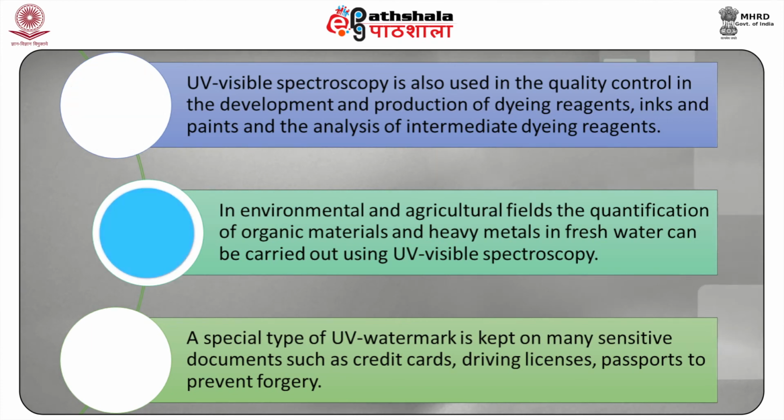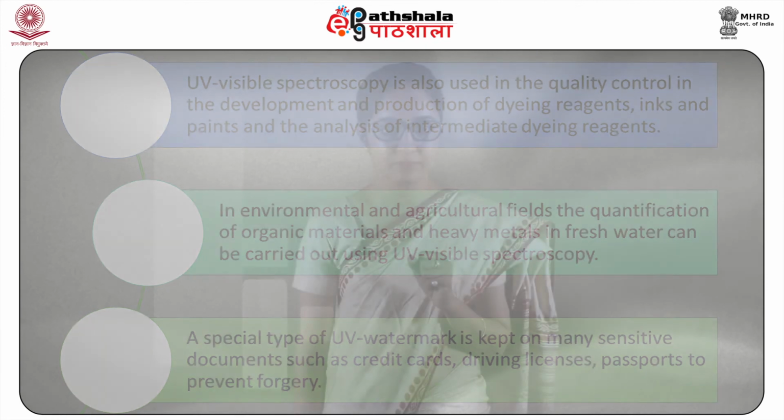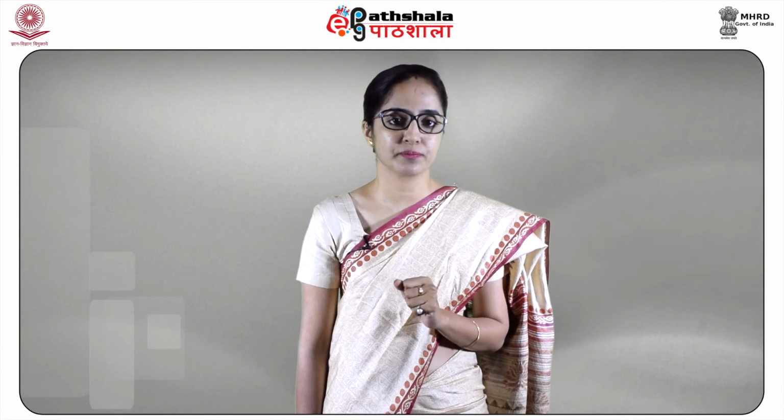In environmental and agriculture fields, the quantification of organic materials and heavy metals in fresh water can be carried out using UV visible spectroscopy. A special type of UV watermark is kept on many sensitive documents such as credit cards, driving licenses, and passports to prevent forgery. The watermark can only be seen in UV light.